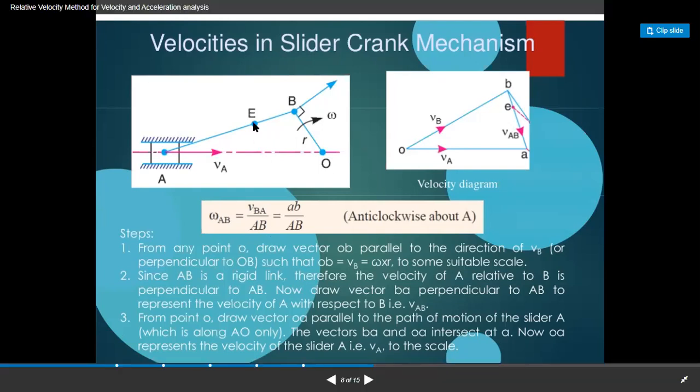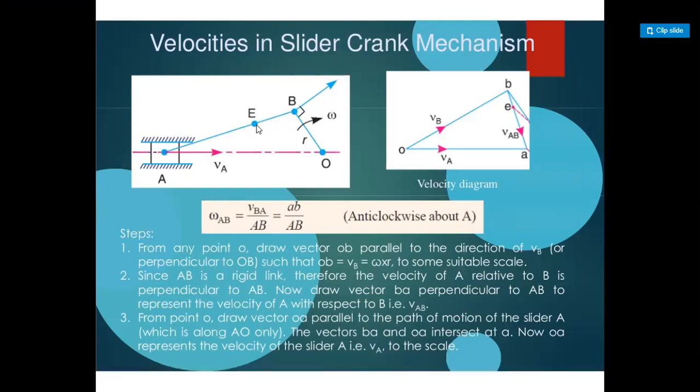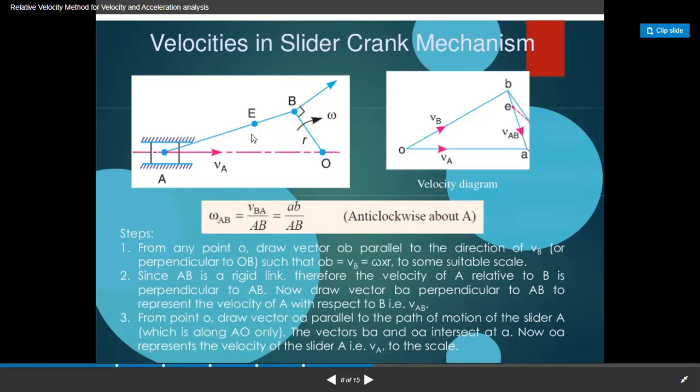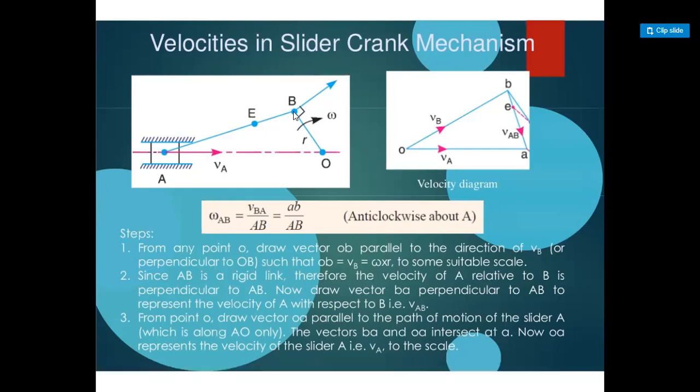Now for the point E, which is on the line AB, we have to find the linear velocity and also the angular velocity, right? The angular velocity of point E is the same as the angular velocity of point B, so both angular velocities are the same.